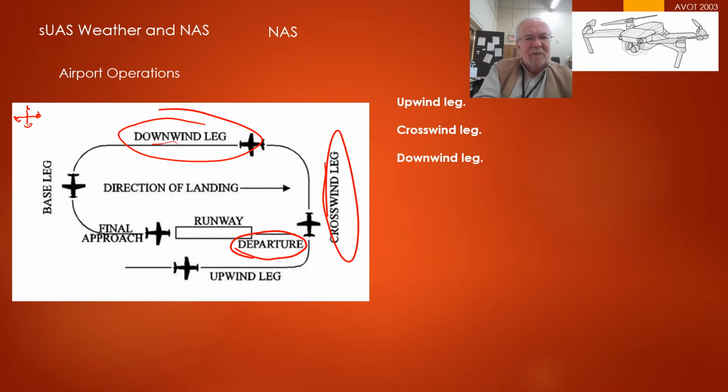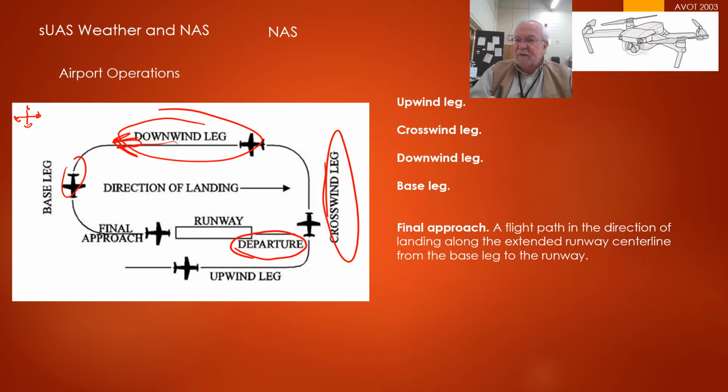He's over here going this way. So yes, it's possible, depending on how close we are to the airport. That's the kind of question. Downwind leg, then we have a base leg, which is this one here, and then a final approach leg, or the final leg.